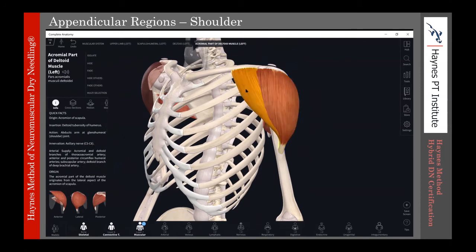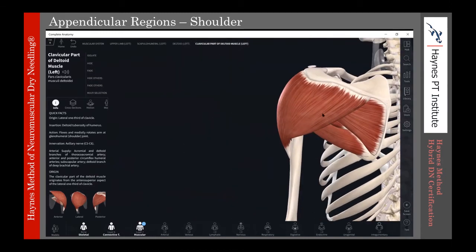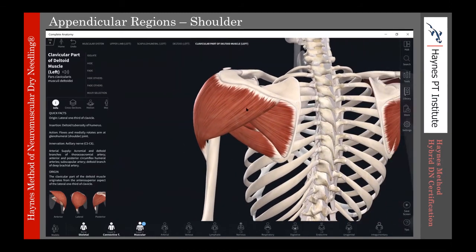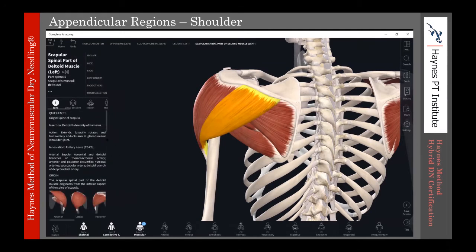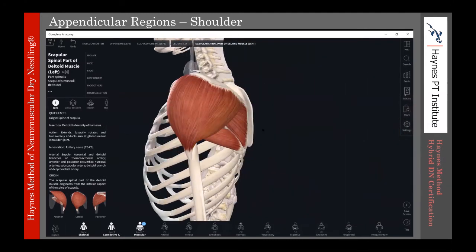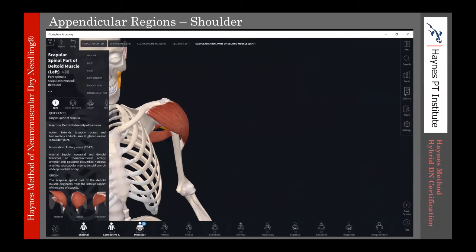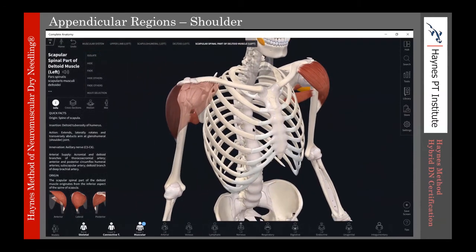The anterior deltoid will also give a little flexion and medial rotation of the arm, whereas the posterior delt will also give us a little extension and then lateral rotation, and then also some transverse abduction at the glenohumeral joint. So deltoid there, complex muscle.